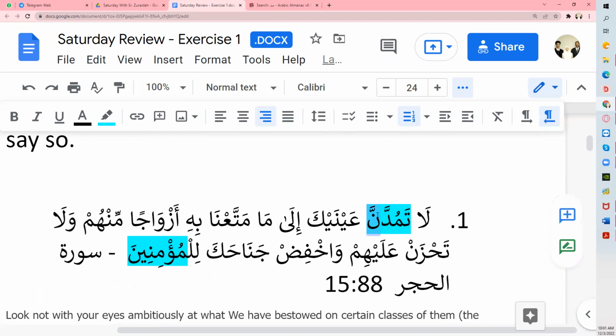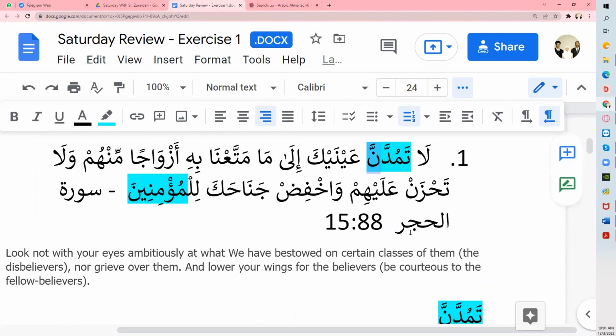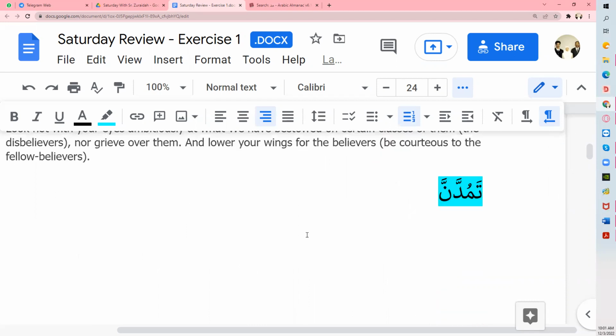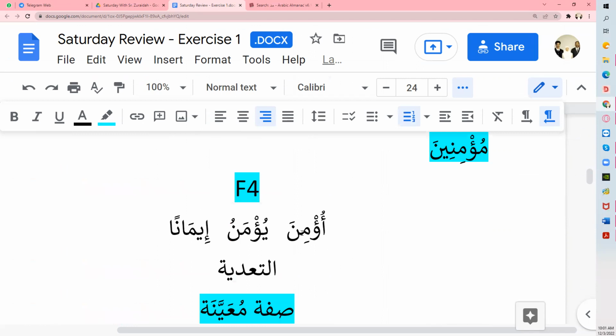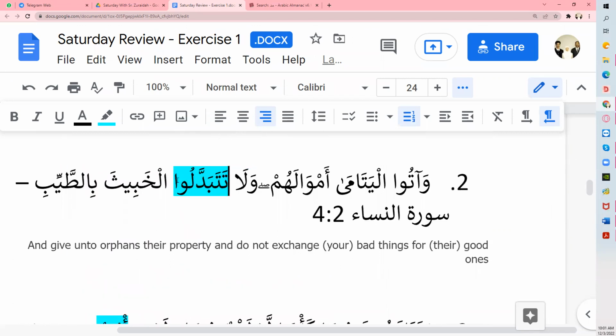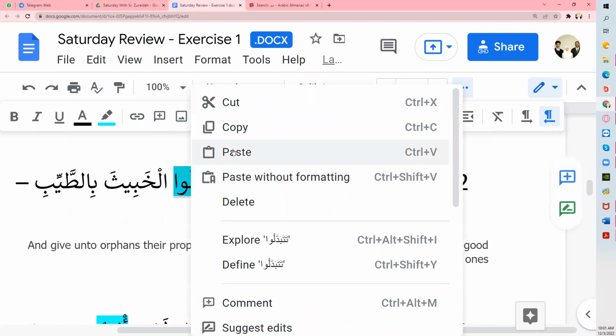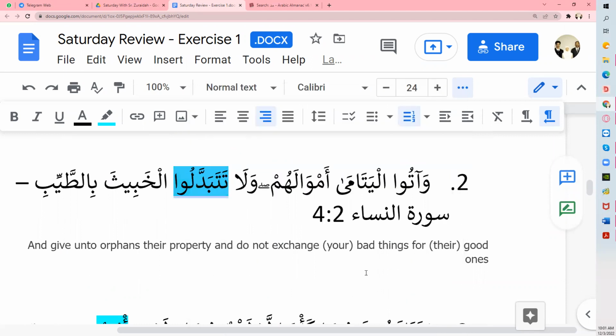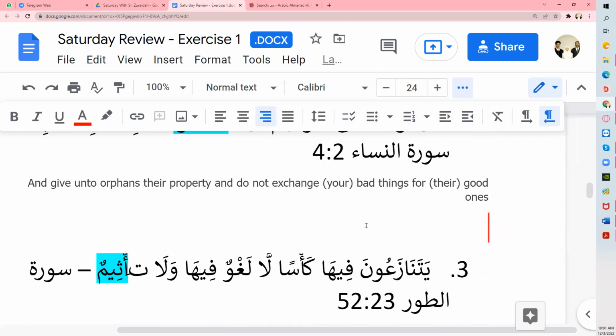Tamuddana has an emphasis here because there is a heavy nun here, nun thaqila. So don't look so longingly at something else that we have bestowed on certain classes of them, the disbelievers. It is actually family 1 with the doer here, the ta here. So we did both already, so no problem there. Now you just do the same thing here, Sister Nazma, for family 5. But the root letters are different.